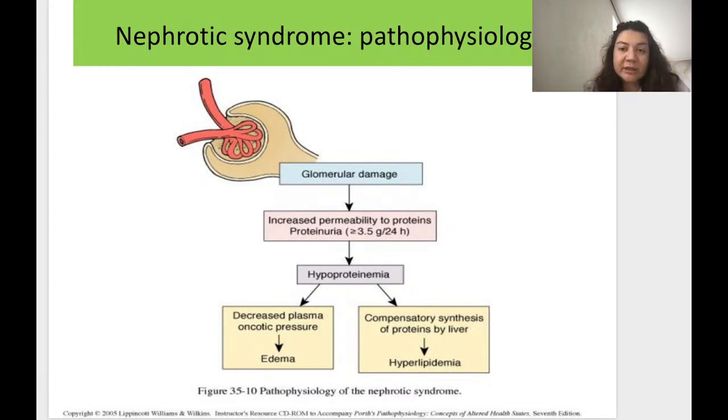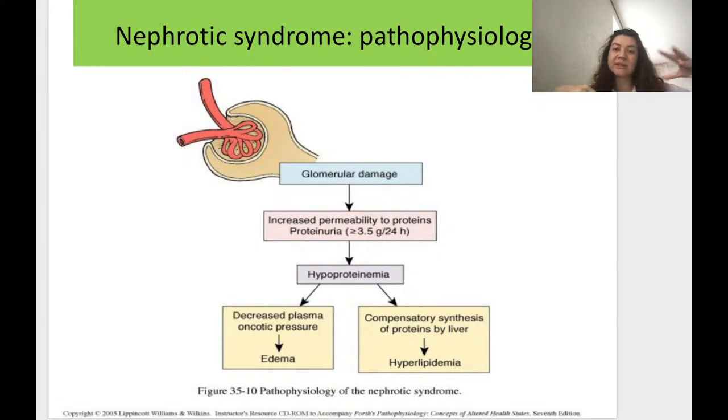For nephrotic syndrome, it is special that it is intensive proteinuria, more than 3.5 grams per day.